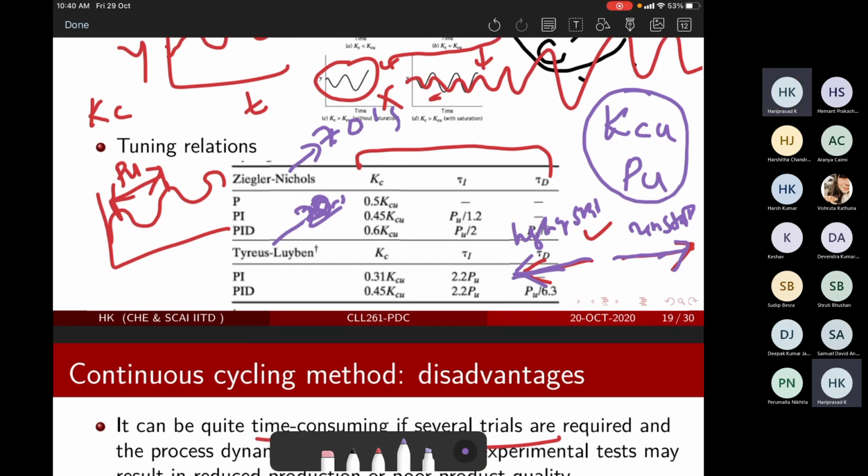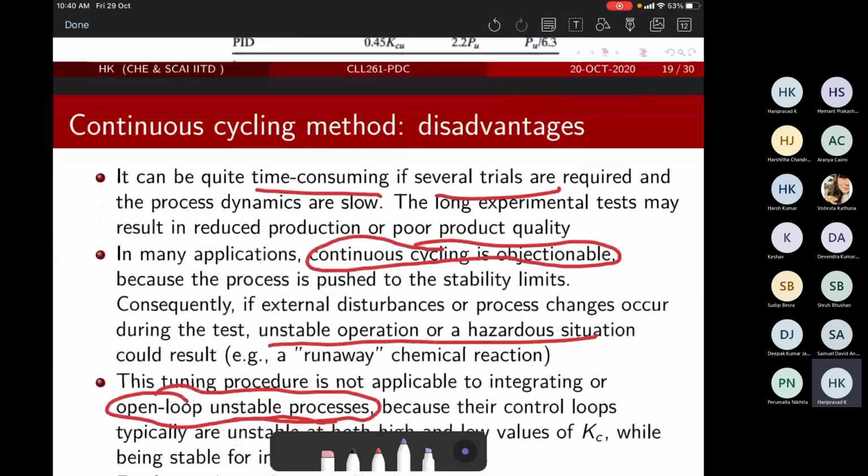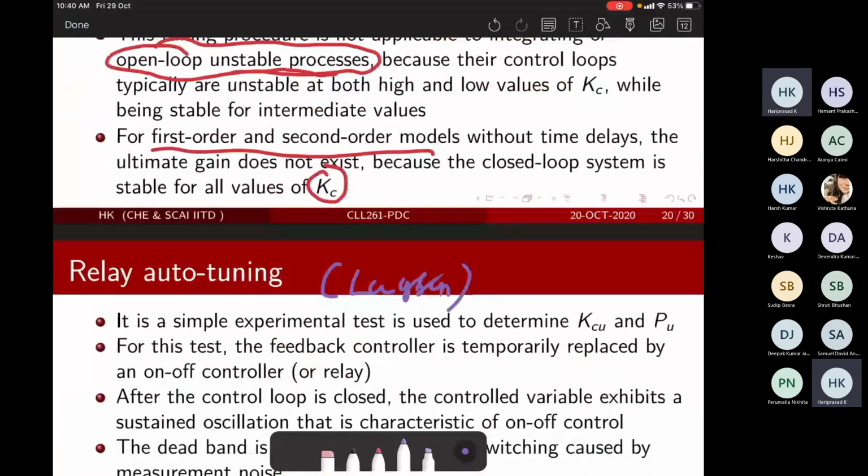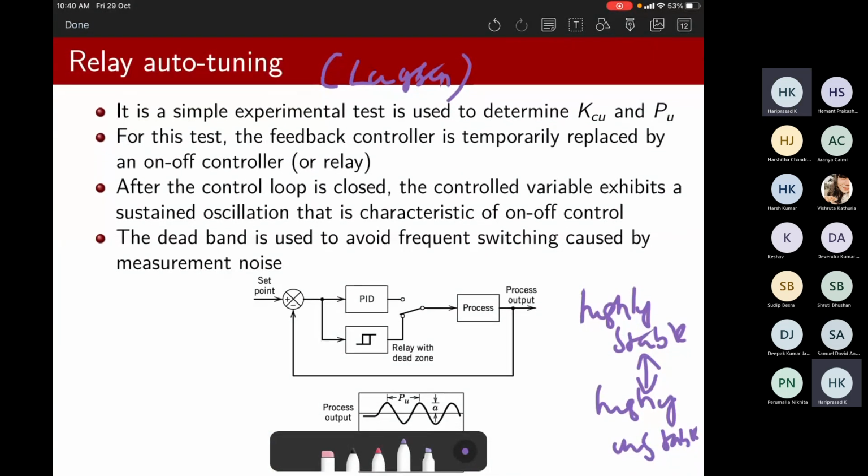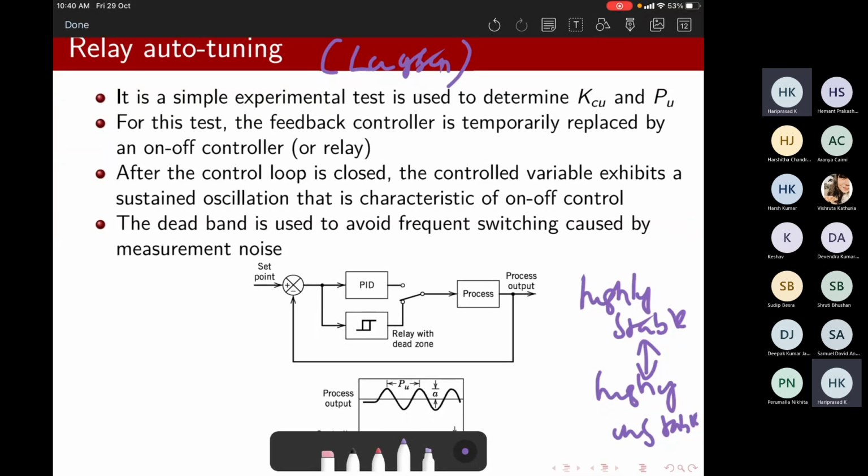I don't know whether he still holds a position, but he is a professor at Lehigh University. They have done a lot of work to understand how to tune a PID controller in a practical sense. Relay auto tuning is also one of their offerings, mostly from their group.